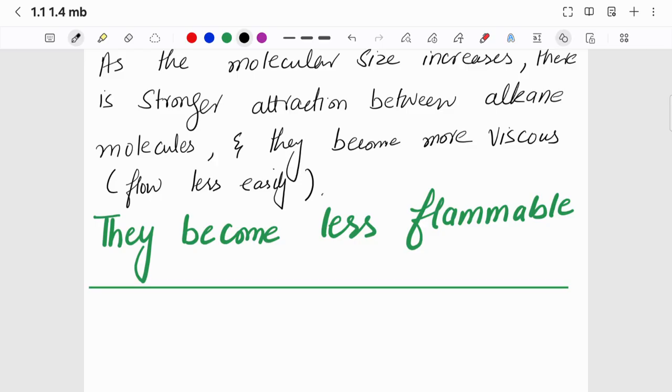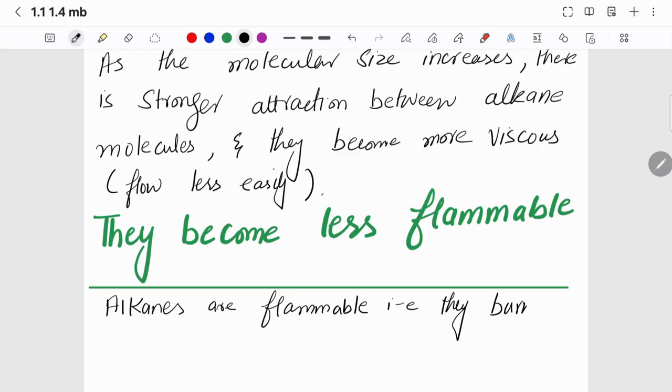So alkanes are also flammable, meaning they burn easily in air.